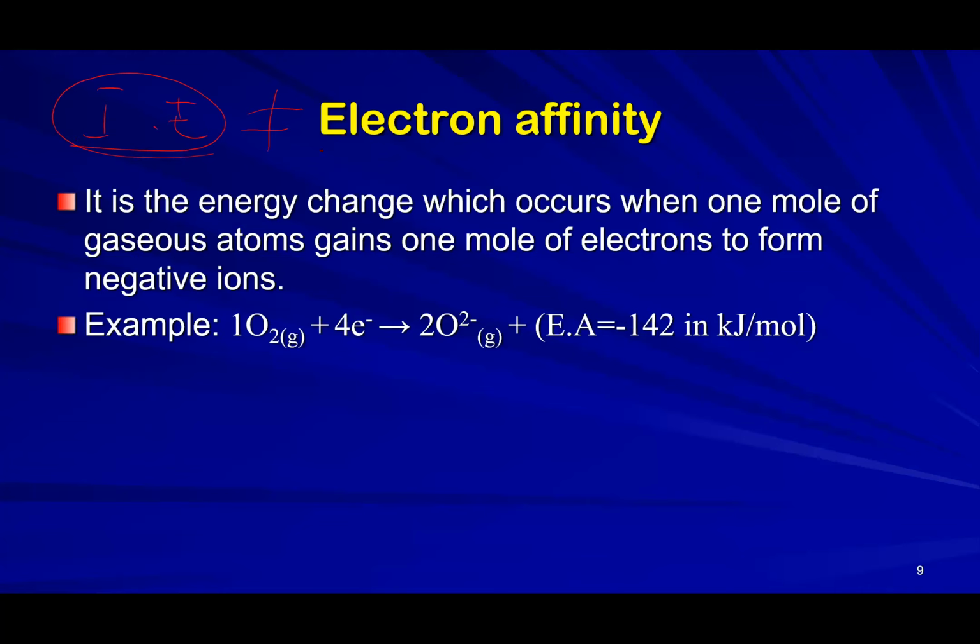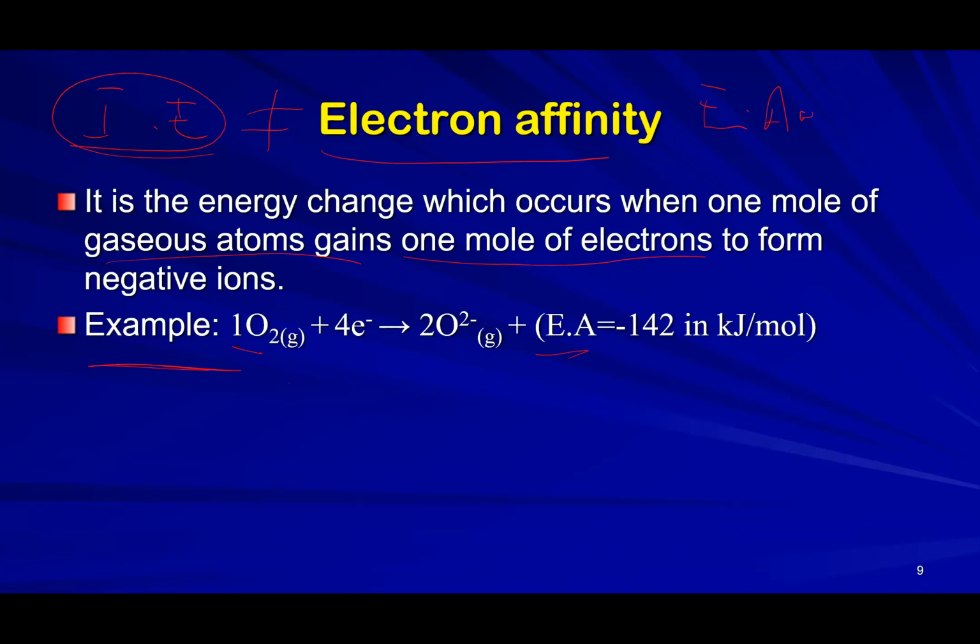And for electron affinity, it is the energy change which accompanies the addition of an electron to the atoms. So the energy change, which occurs when 1 mole of gaseous atoms gain 1 mole of electrons, is called the electron affinity.